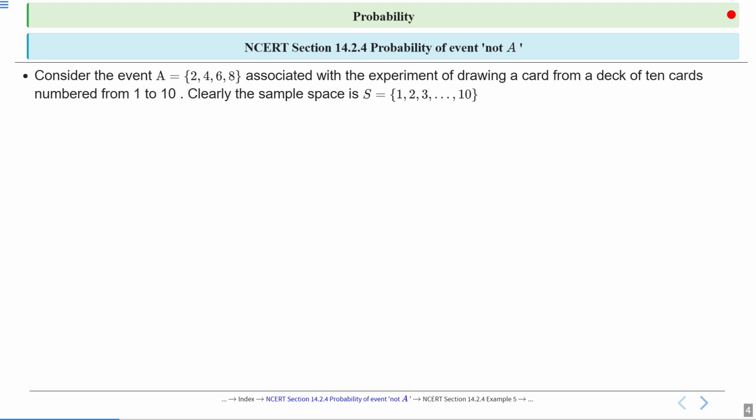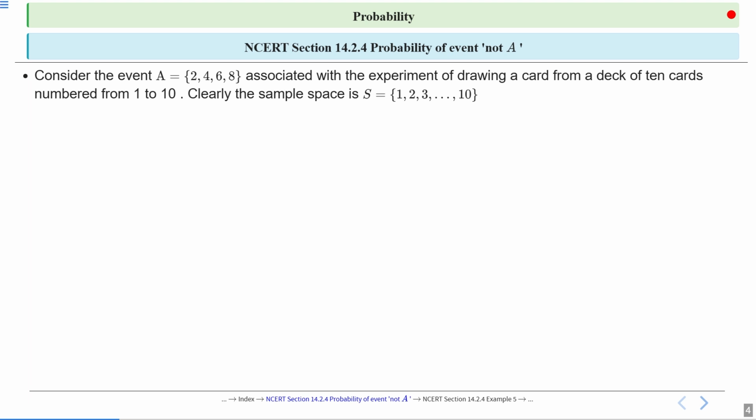Clearly, the sample space is S equal to the set 1, 2, 3, 4, 5, up to 10, since we have numbered the cards from 1 to 10. And the event is the set 2, 4, 6, 8.